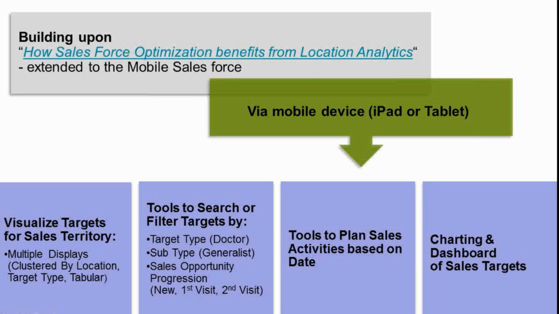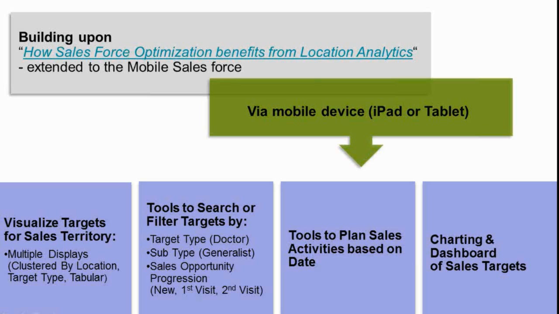You also see how tabular data can be represented through the mobile device, how we can see the classic spreadsheet view of contact information for these different targets. I'll show you a couple of the tools involved with this implementation for filtering and searching targets by the different types of dimensions of the data: things like target type, doctor, and subtype of that target.